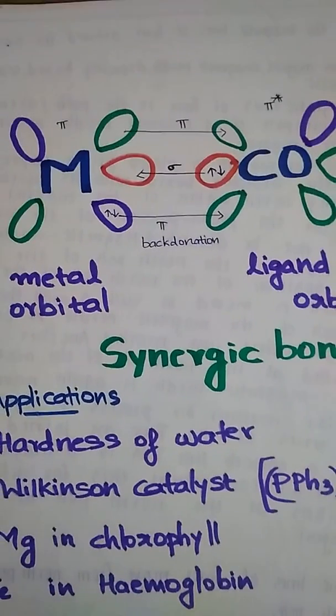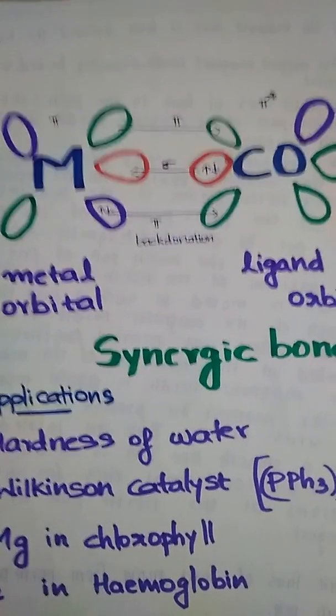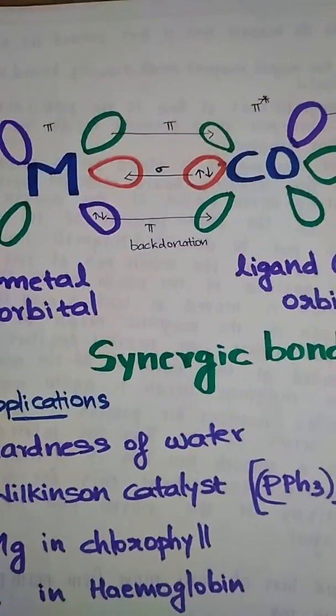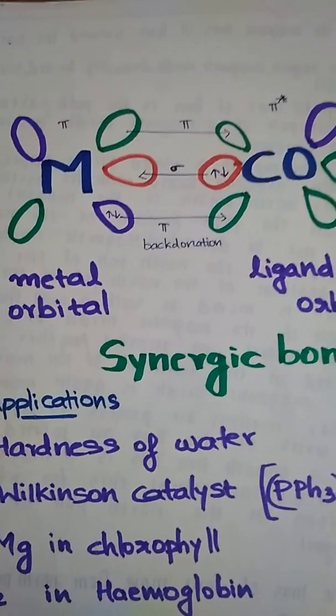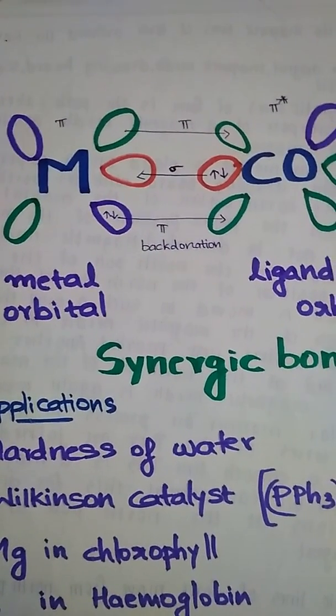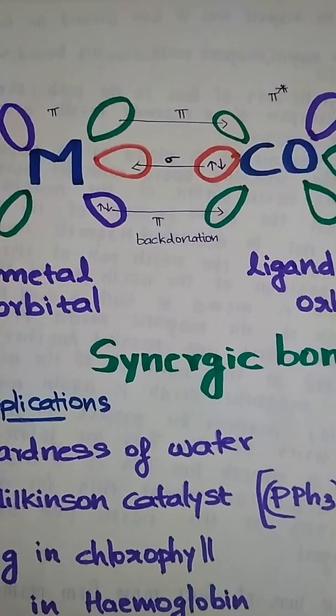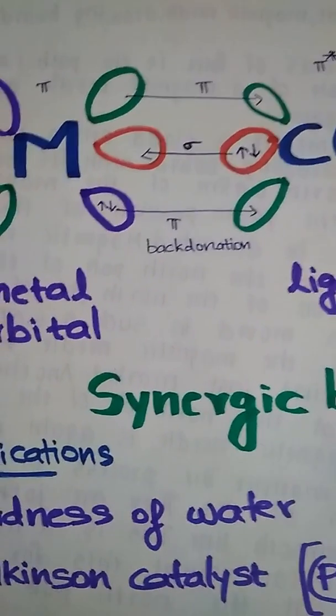In normal cases, the ligand donates electrons to the metal. But here, a back donation process is happening. That is, the filled orbital of the metal donates electrons to the vacant orbital of the ligand. Thus, it forms a pi back donation.